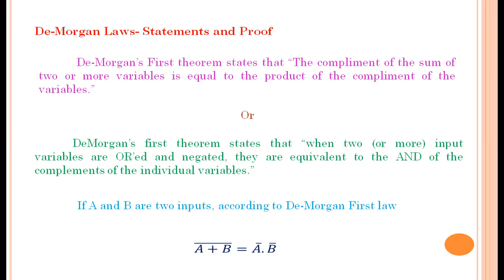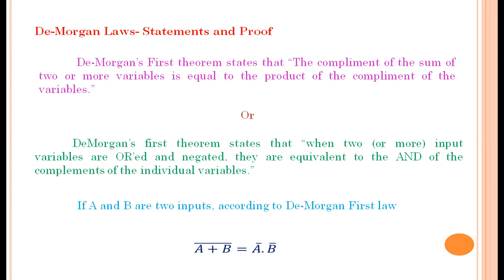So by using OR gate and AND gate we can state that when two or more inputs or variables are ORed and negated, where OR is the plus and negated is the NOT gate, that inverter, that is equal to the AND, where dot product is the AND gate, of the complements, that is NOT gates, of the individual variables.